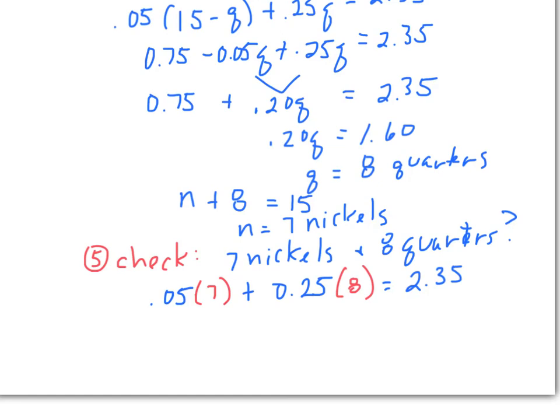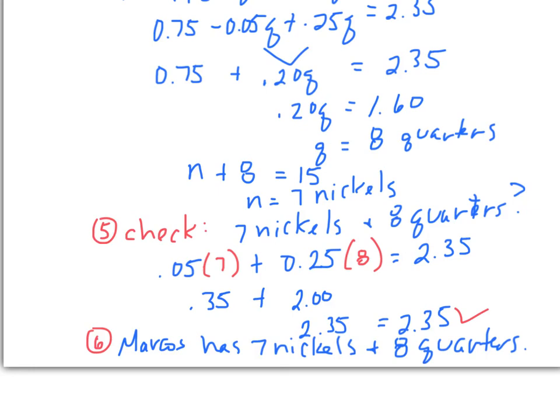So we are taking 7 and 8 again and putting them in here for the number of nickels and quarters. So doing some quick calculations here, 7 nickels is 35 cents, 8 quarters is $2, 2.35 equals 2.35, and we are confirmed that our answers are indeed 7 nickels and 8 quarters.